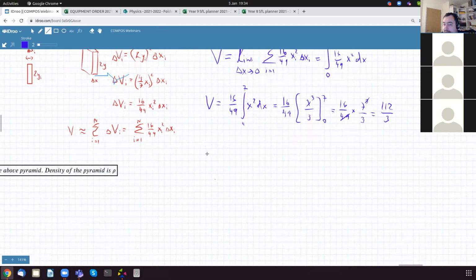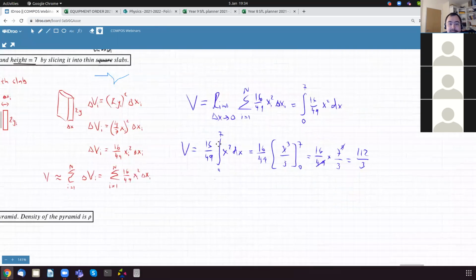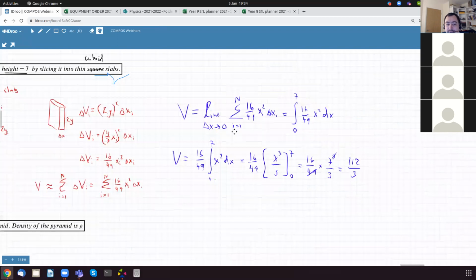Where would the limits go in the Riemann sum? The Riemann sum is you're taking all the slabs from the first slab to the nth slab. The first slab is at x equals 0. The nth slab is at 7. That's how these change from here to here. Does that make sense?